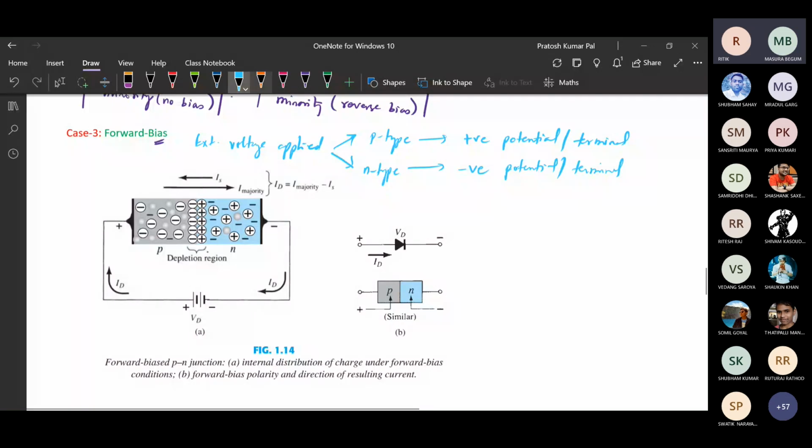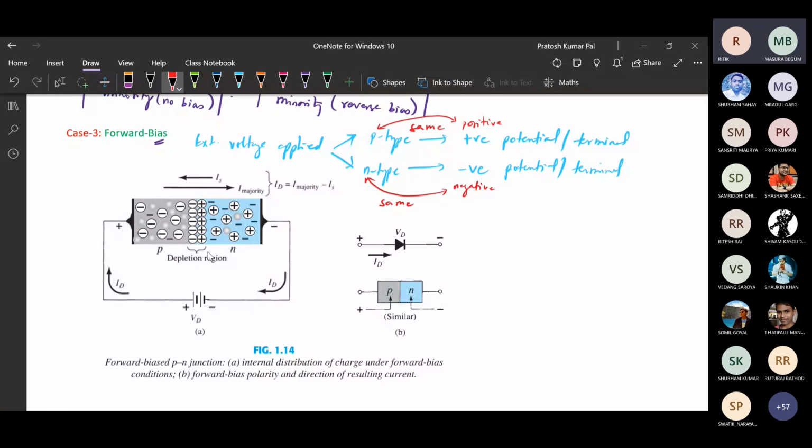Here we can see this is positive and this is negative. So N and N are the same, and P and P are the same.